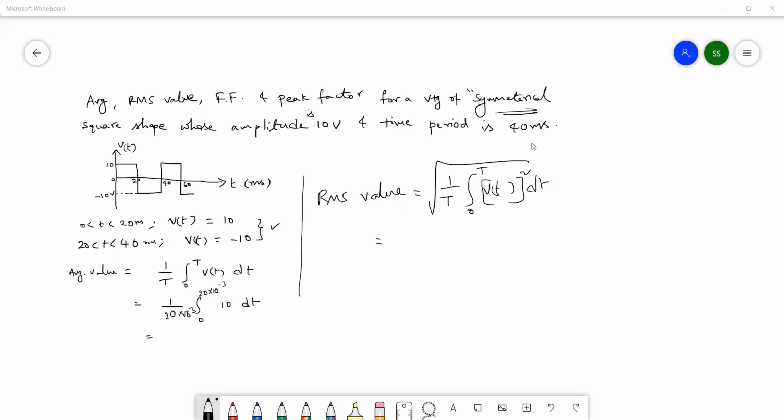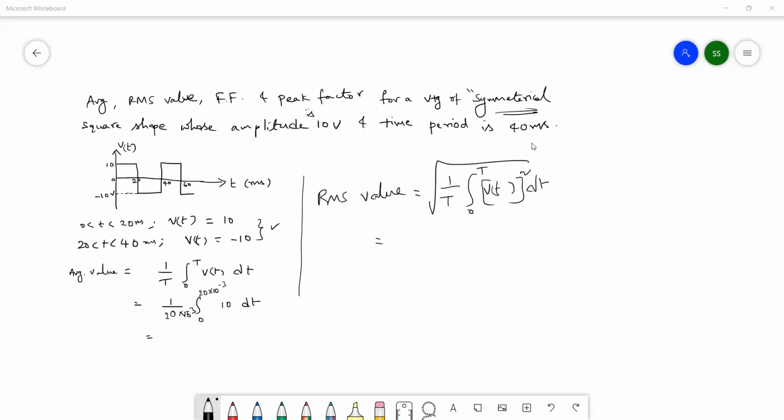While coming to average value calculation, we need to consider whether the given wave shape is symmetrical or unsymmetrical. If it is symmetrical, you calculate only for one of the half cycles, either the positive or the negative half cycle. If the given waveform is unsymmetrical, then you need to take the complete full cycle, even for average value and RMS value. Clear now?